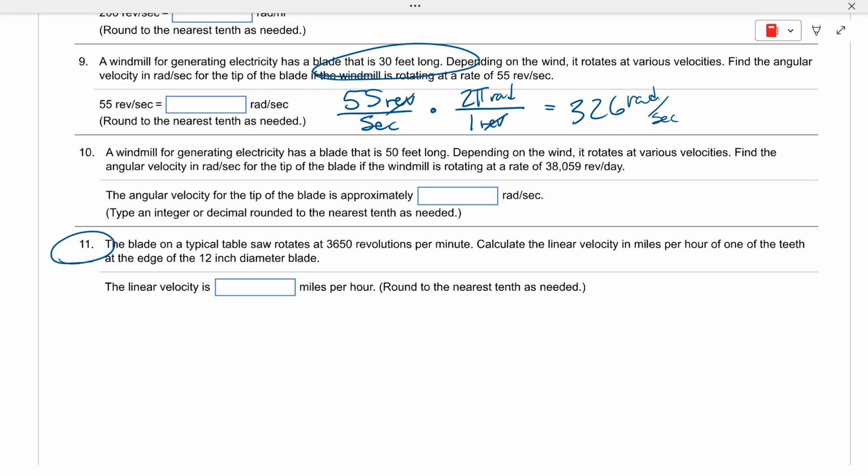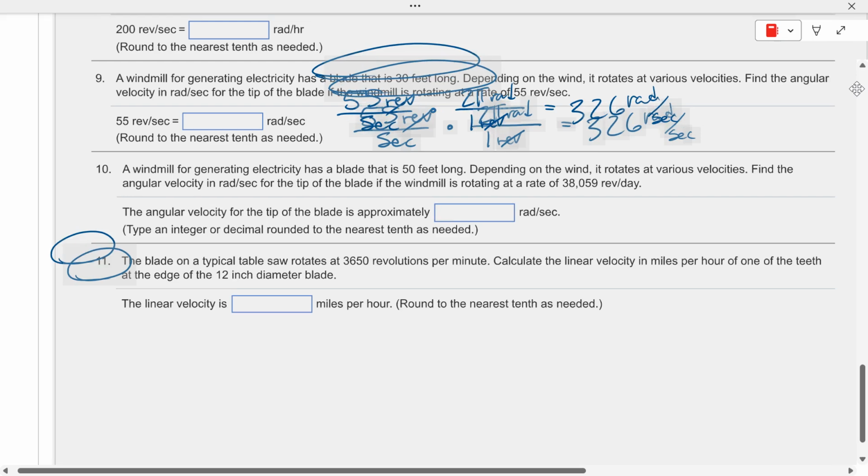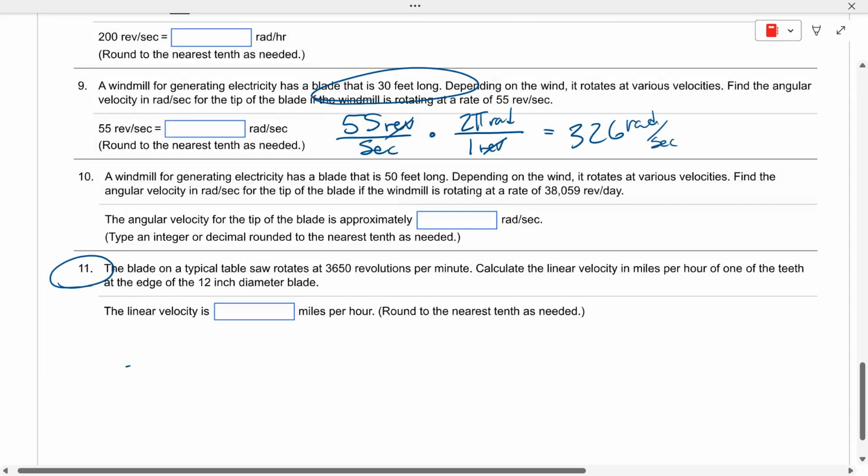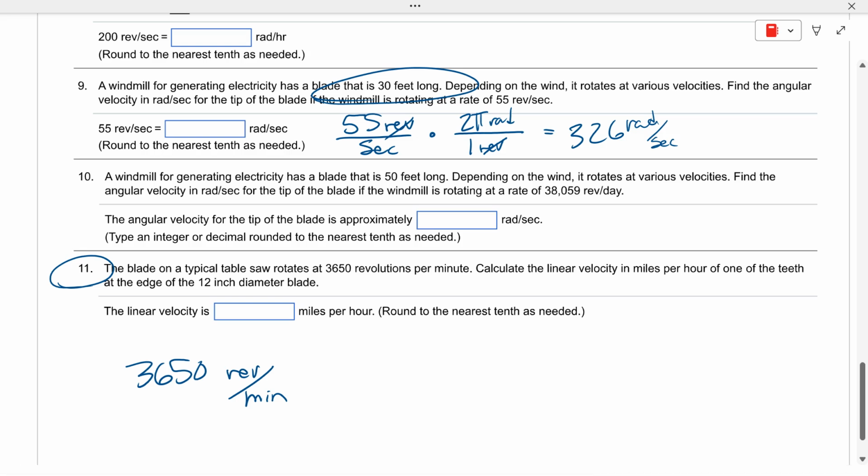Okay? A typical saw blade rotates at 3,650 revolutions per minute. All right. So Caleb decides he's going to make an electric go-kart, and he's going to put a saw blade with a tire on it to move that go-kart down the road.